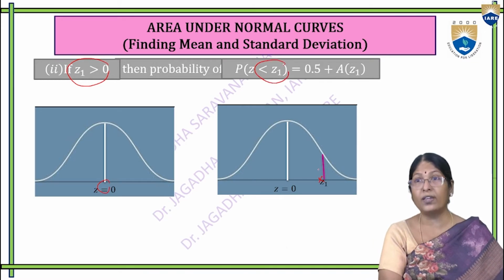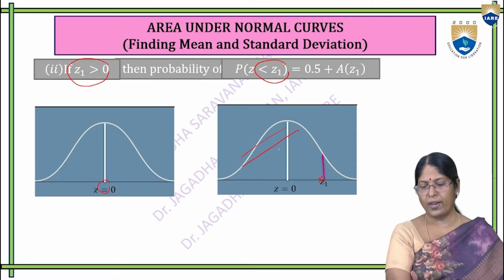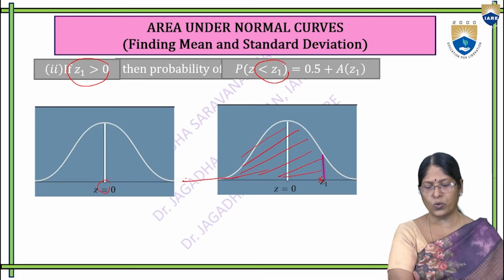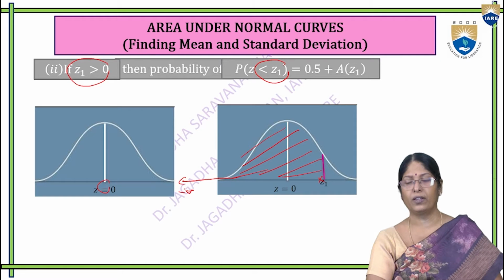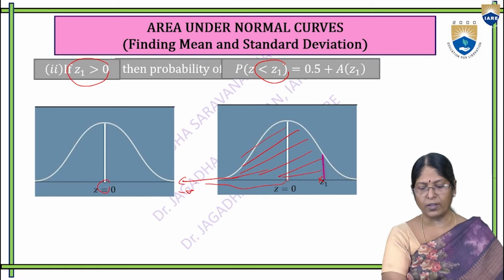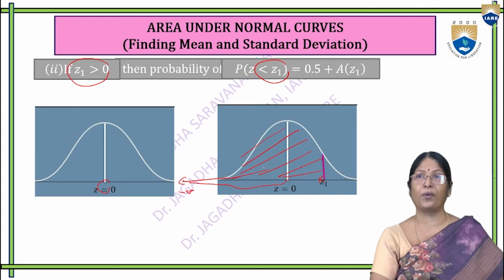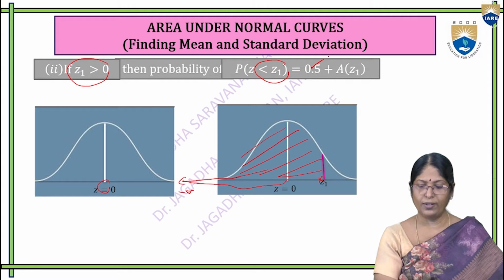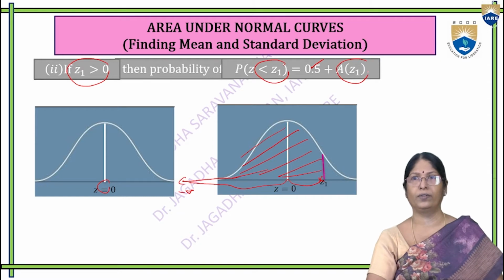Our Z1 is here, so completely the left of this point is to be included. This goes on up to minus infinity. From here to here, the half part of the normal curve is 0.5, as written, then this part to be included, that is the area of Z1.